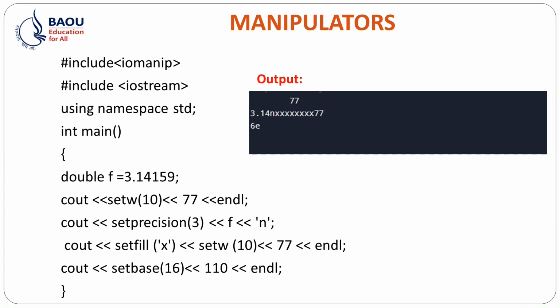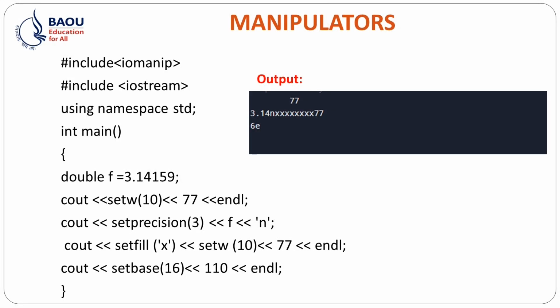In setprecision 3, over here, the value of f will be shown as 3.14 to the user, and after that 77 will be shown.